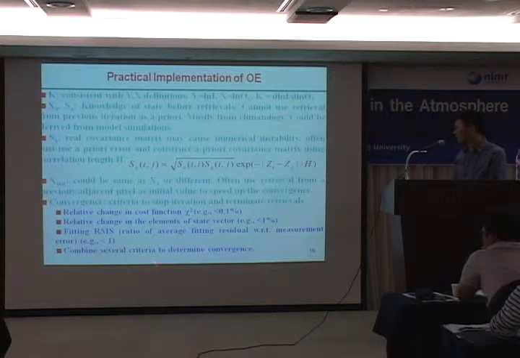There are different criteria. For example, you can define a threshold on the relative change in the cost function, or the relative change in the state vector, or in the fitting residuals. You can combine several criteria to determine the convergence.